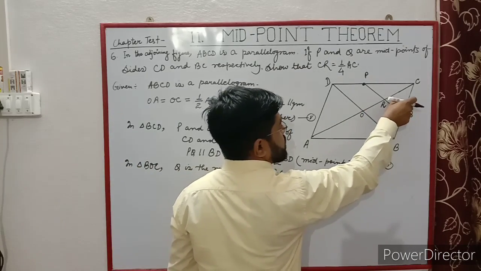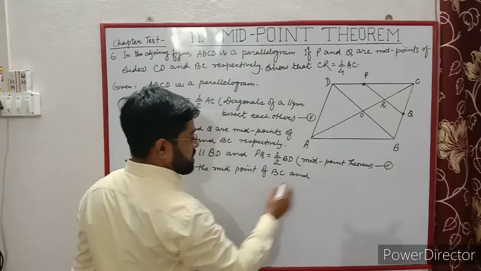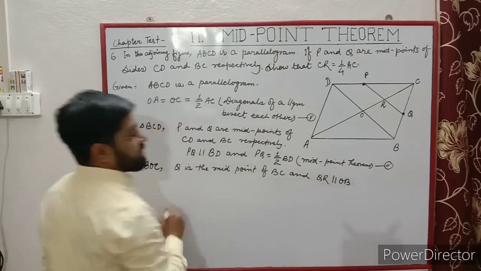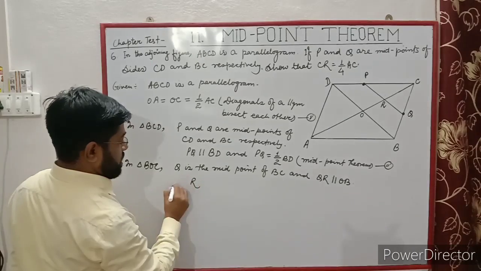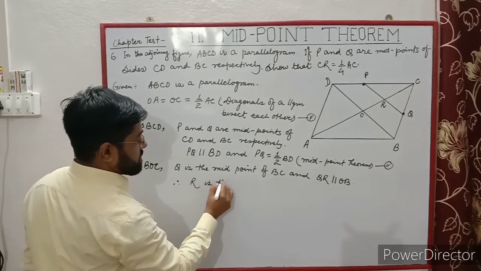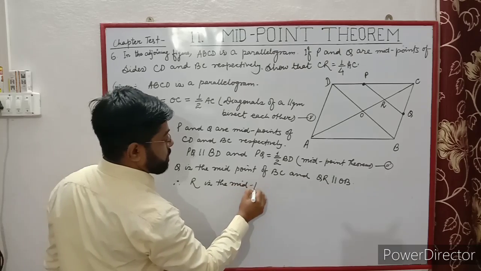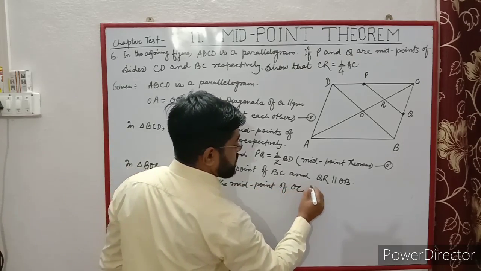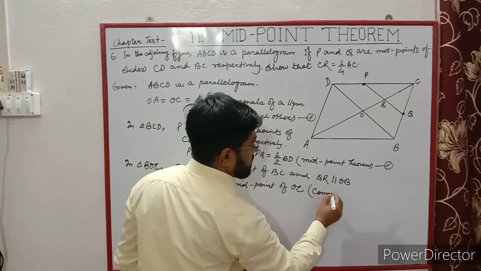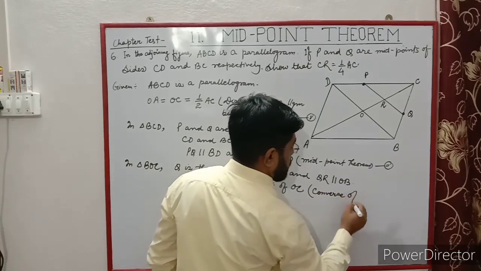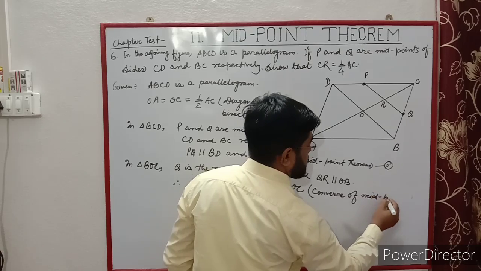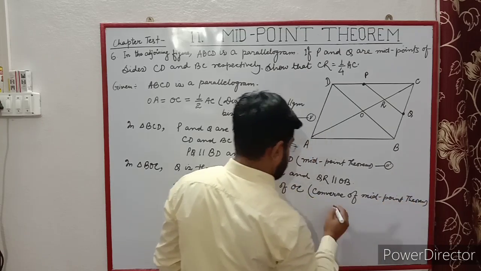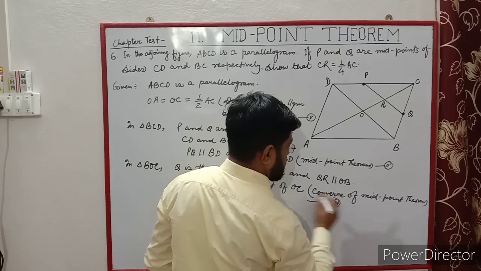So we can say that QR is parallel to OB. Then R is the midpoint of OC by converse of midpoint theorem. We assume equation number third.